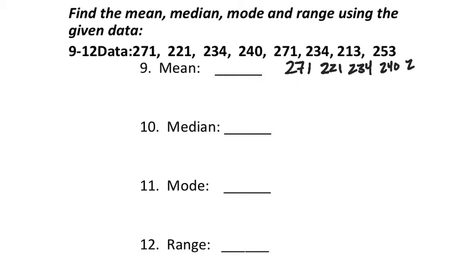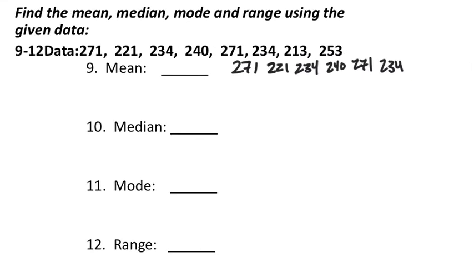And 271. And 234. I do need more space, don't I? That's a little better. 234, and then 213. And then finally 253. Kind of barely fit that in there.